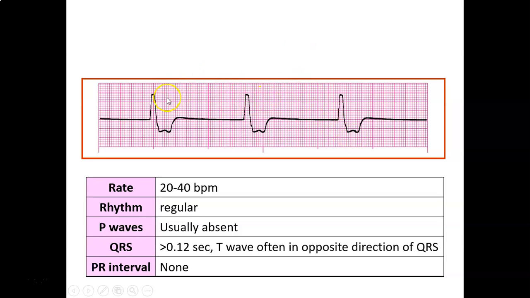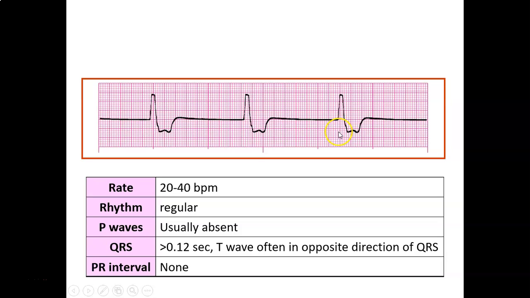So look at this example. Here the rate is 20 to 40 beats per minute. Rhythm is regular, so one source. P waves not seen, so it's not from the atria. QRS complexes are wide and PR interval not applicable.